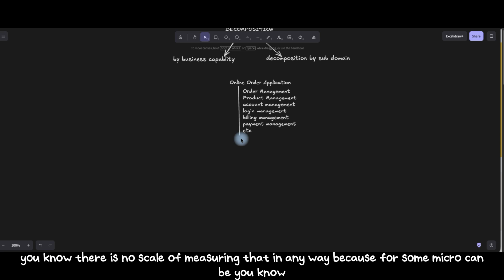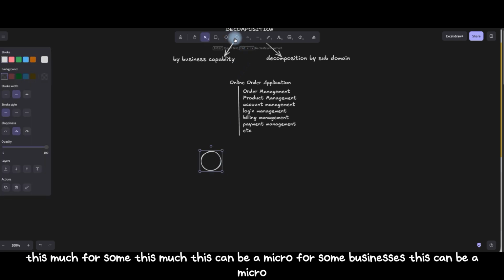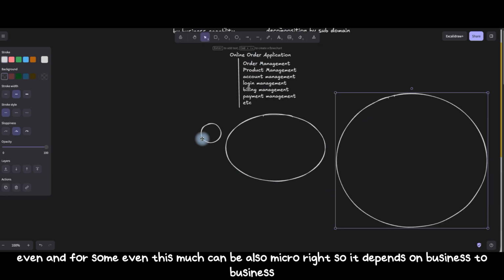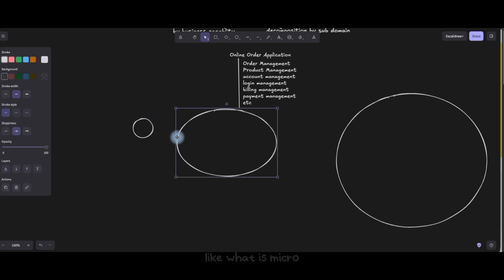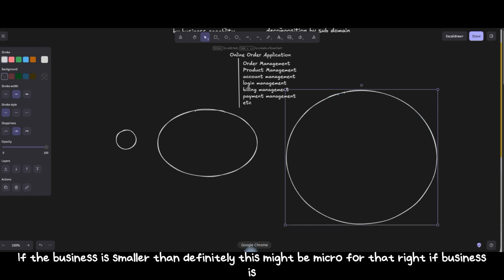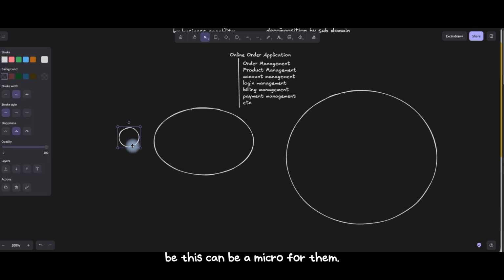There is no scale of measuring that, because for some this much can be a micro, for some businesses even this can be a micro, and for some even this much can be a micro, right? So it depends on business to business what is micro. If the business is smaller, then definitely this might be micro for that. If the business is very large, then they might have to divide it into even smaller pieces, and that can be a micro for them. There is no way of measuring a micro, it depends on the business.